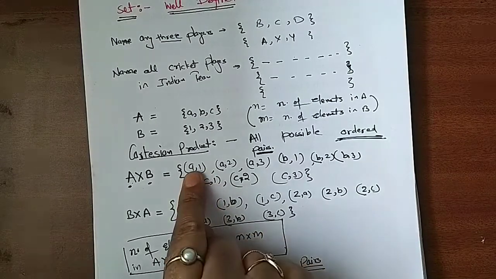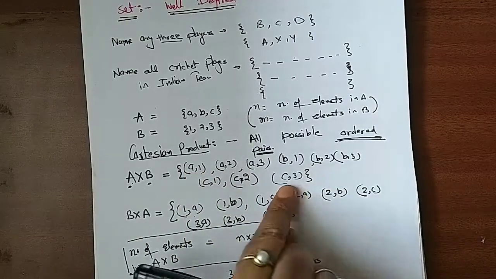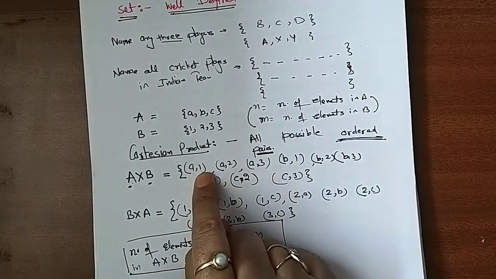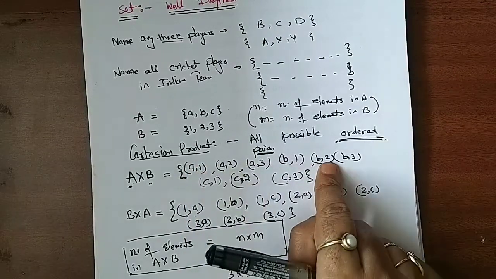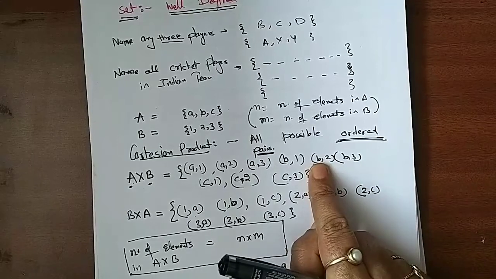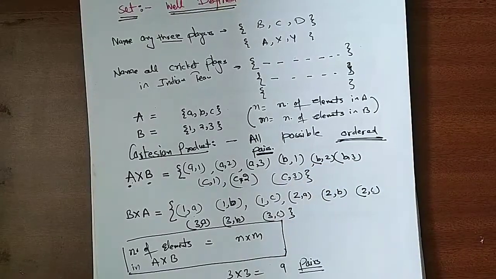So I will pick up only A1, then only B2, and then only C3, because 1 is showing the position of A, which is the first position, 2 is showing the position of B, which is the second position, and 3 is showing the position of C. Right? Suppose I have defined a relation out of this.